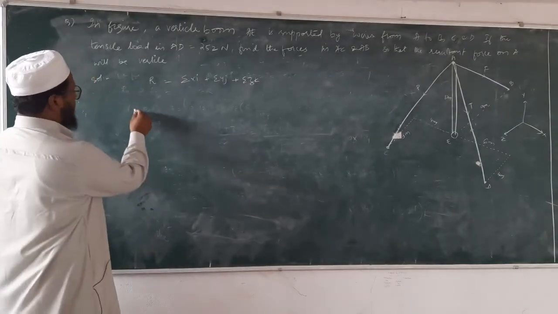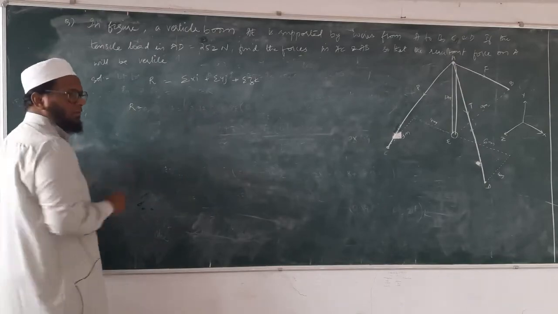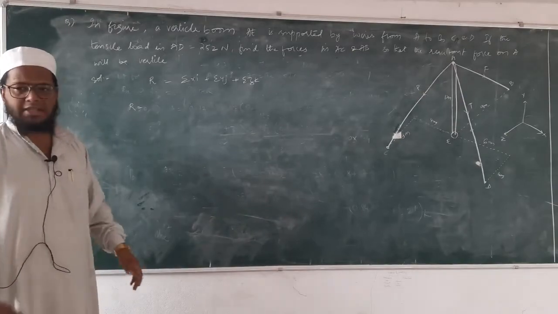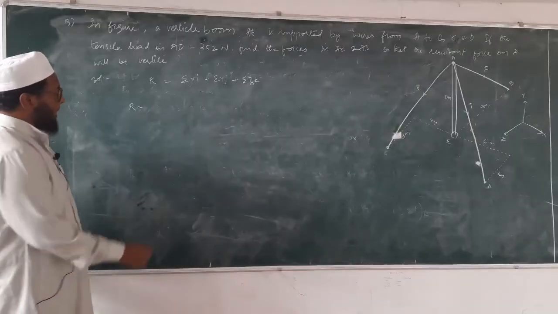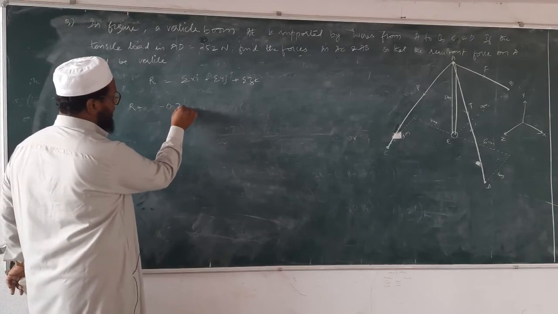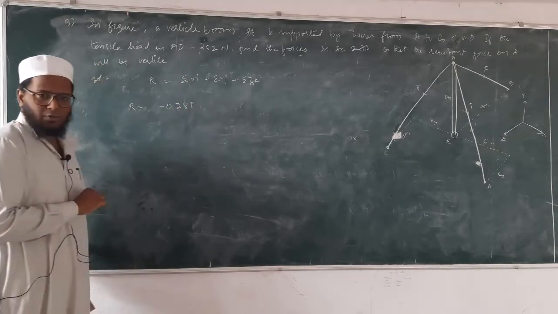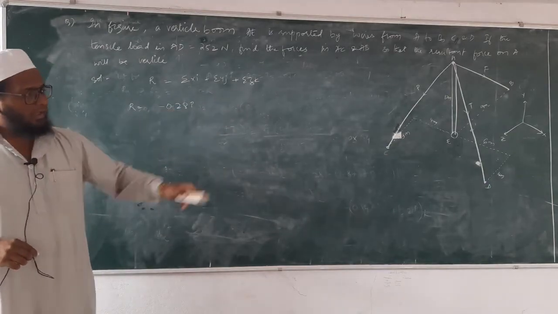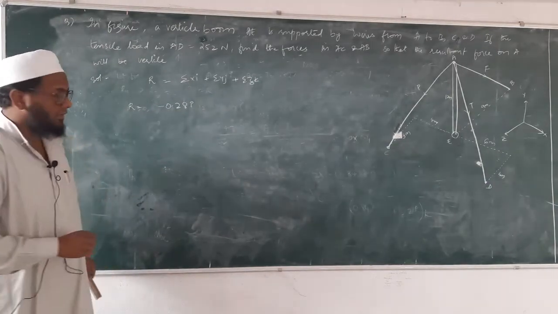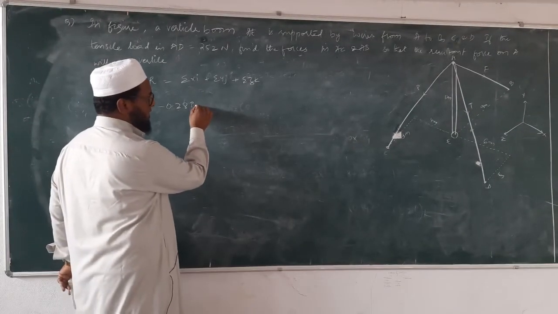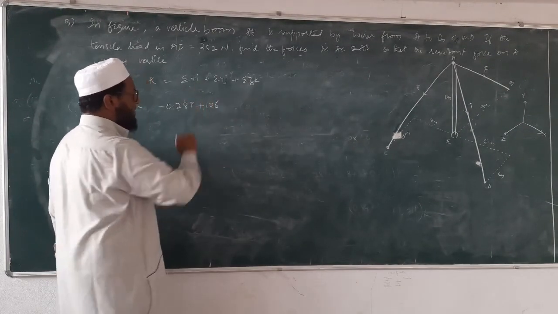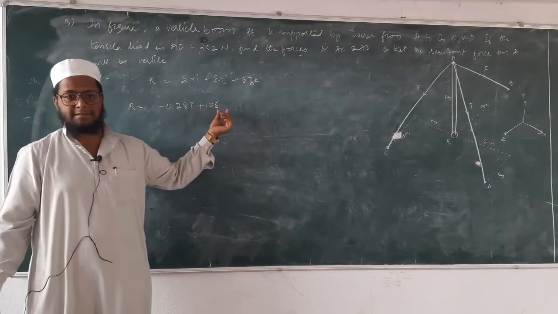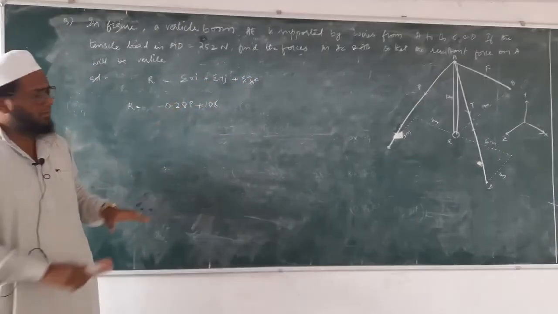So now R is equal to, what is the i value in the first force, that is AC, PAC, minus 0.28 P. Then what is the i value for AD? Minus or plus? Plus 108, right? Then next value we do not have because 0, right?